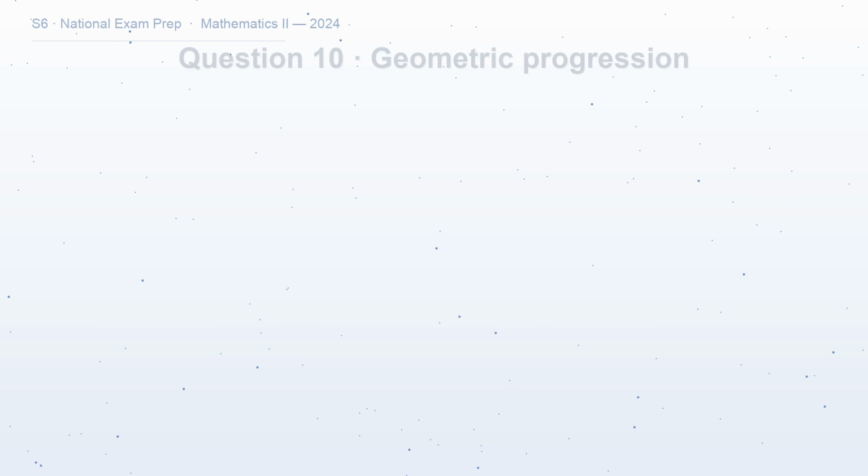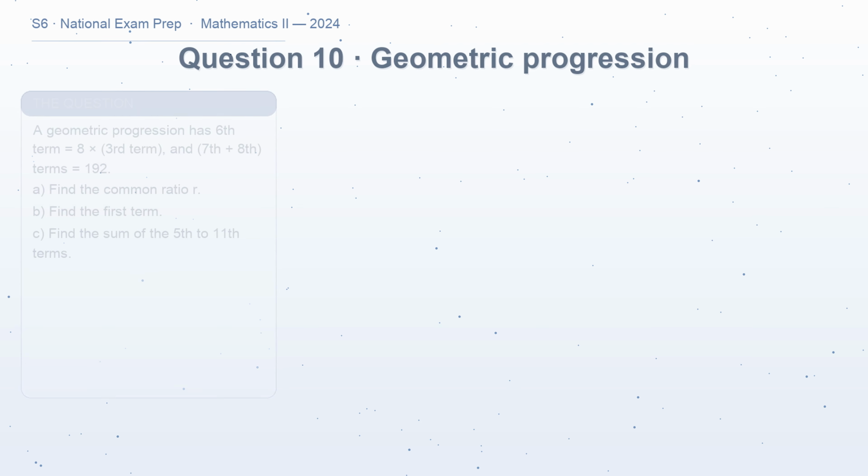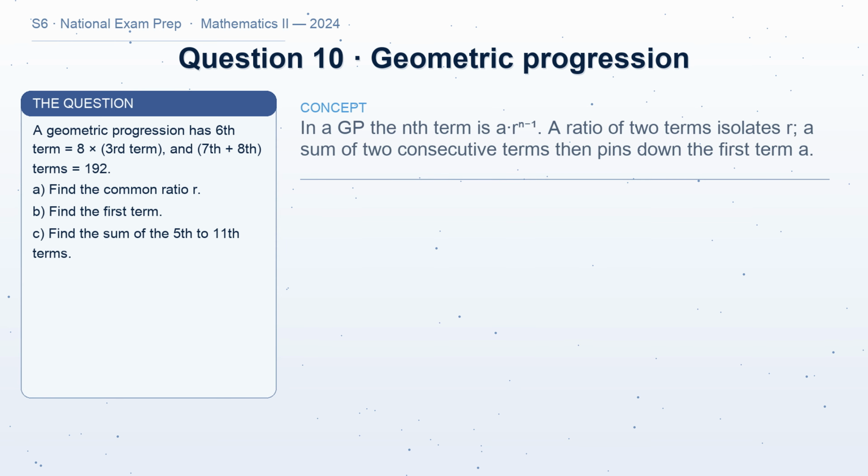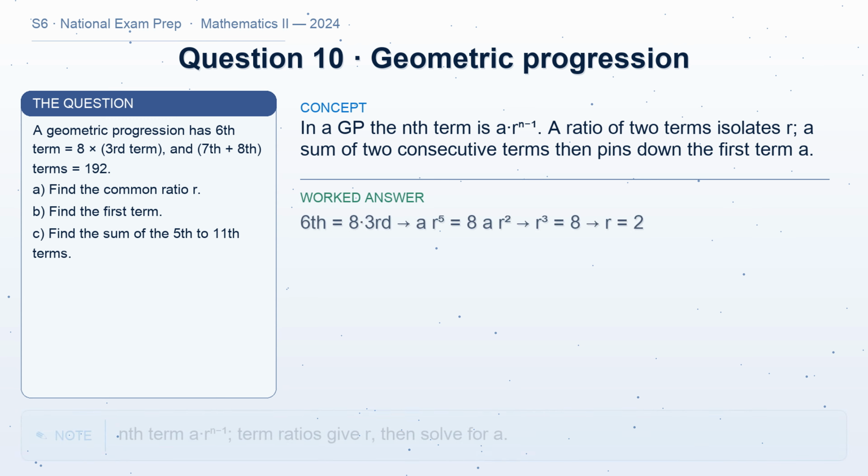Question 10. A geometric progression. The sixth term is 8 times the third, and the seventh plus the eighth is 192. For part A, the nth term is a times r to the n minus 1. The sixth over the third gives r cubed equals 8, so r is 2.